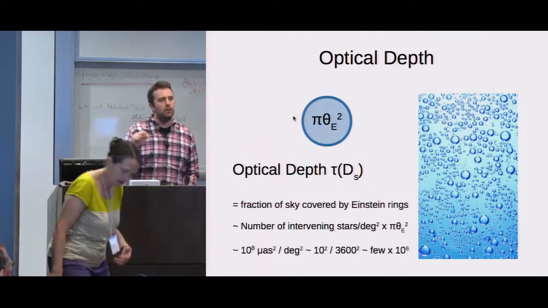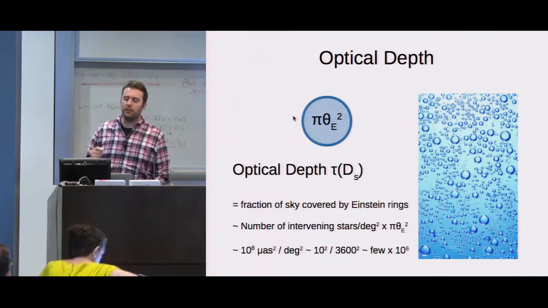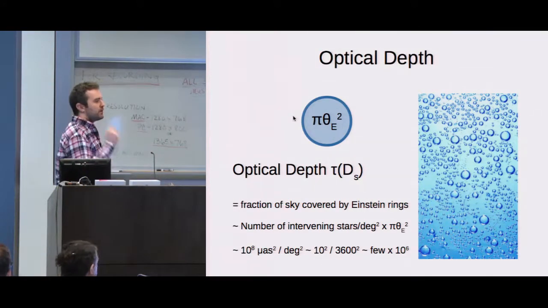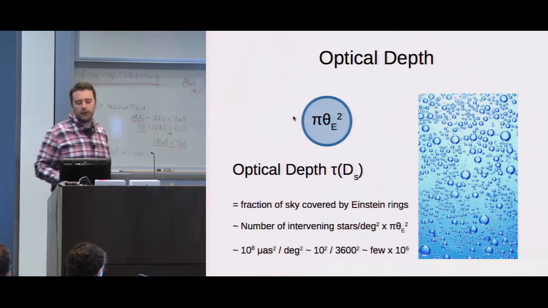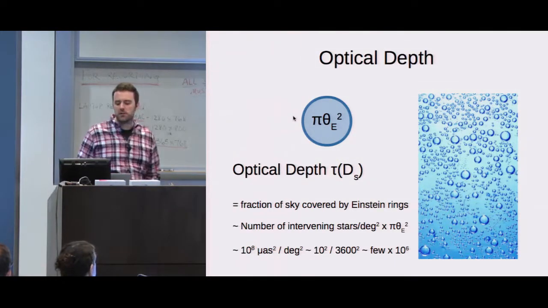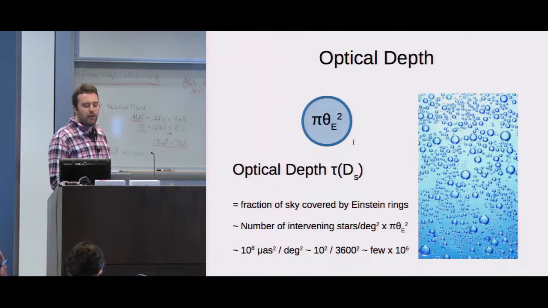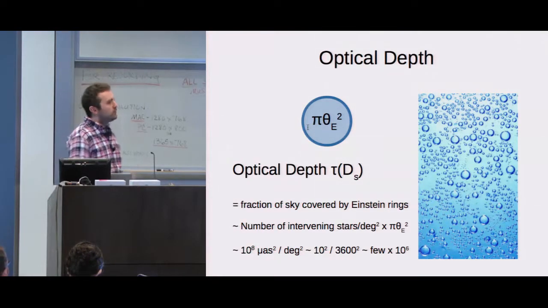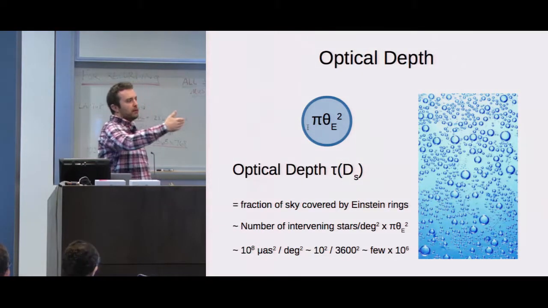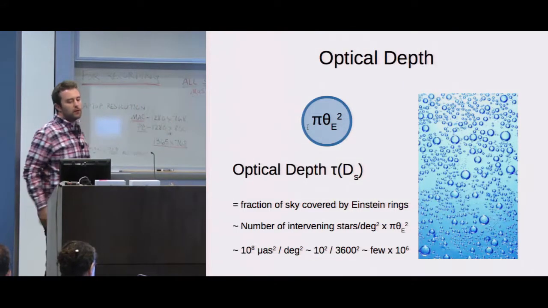This is the probability that at any given time, a star that you're looking at is being microlensed. You can compute that just by adding up the area of all the Einstein rings from all the lenses along the line of sight to that given star.